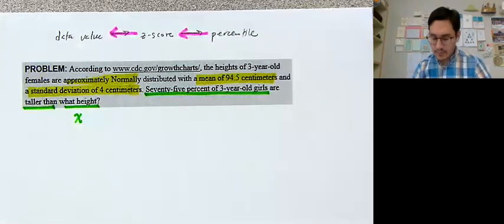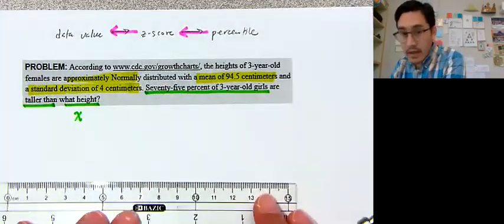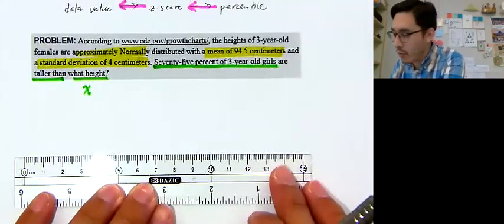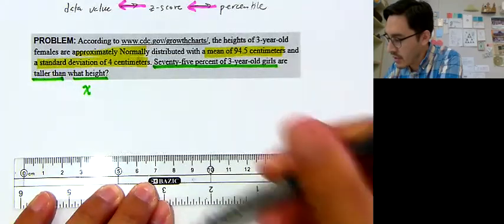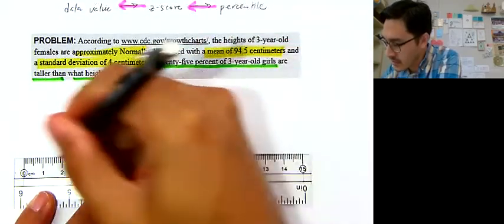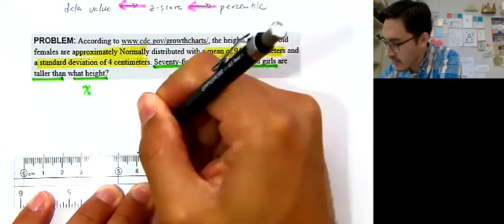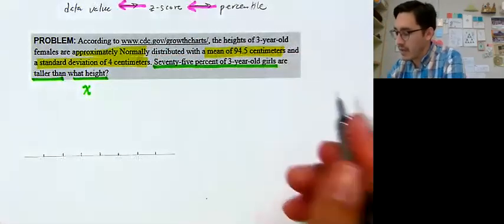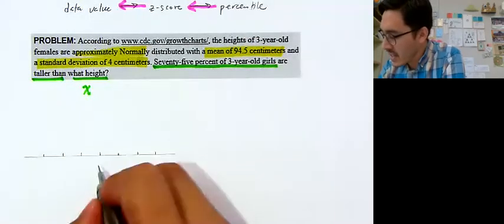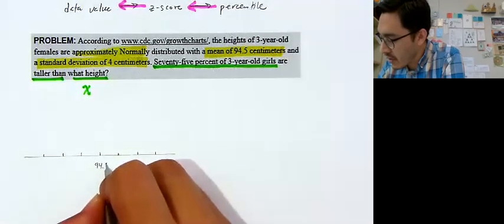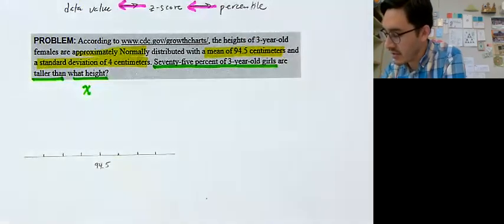All right. So like all normal distribution problems, we're going to start with a sketch. Okay. So the mean is 94.5, and the standard deviation is 4 centimeters.